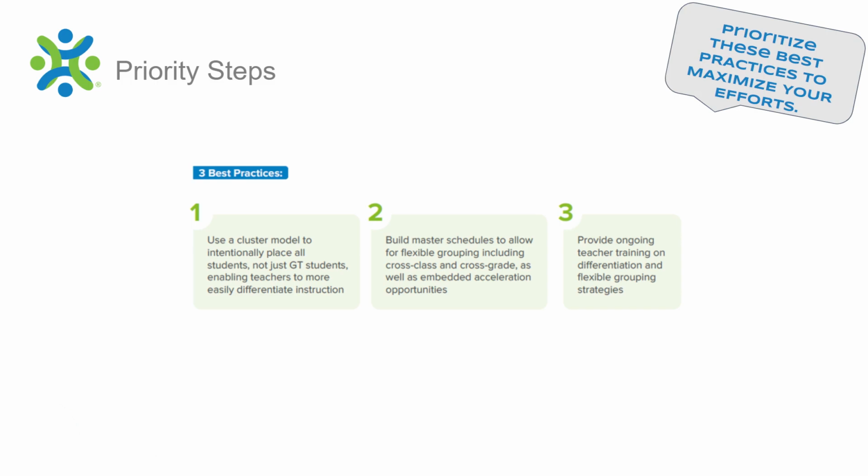Now, there are challenges involved with doing something like this. However, your more advanced learning students really do need this opportunity, especially if you are employing acceleration. And ensure that your teachers are receiving the training that they need, not just for how, but why this is so important.